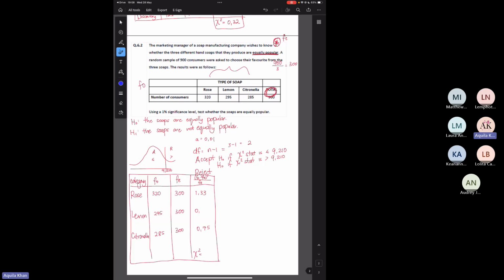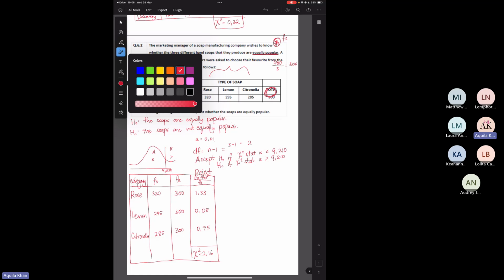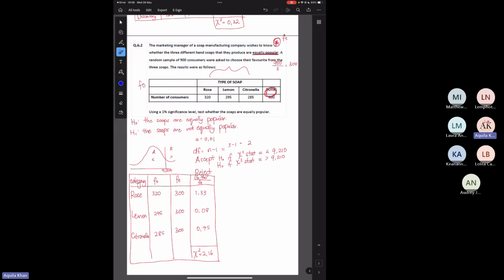Okay, there we go. This is supposed to be 0.08. Sorry, not 0.83. And then this adds up to 2.16. Okay, so this then is 2.16 as your chi-squared statistic.